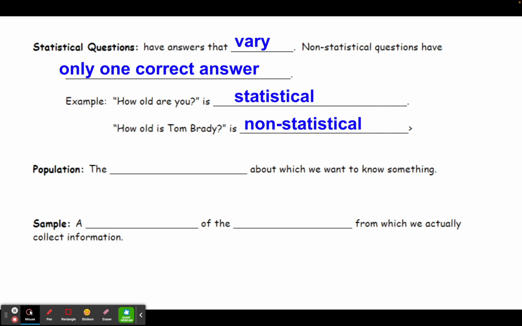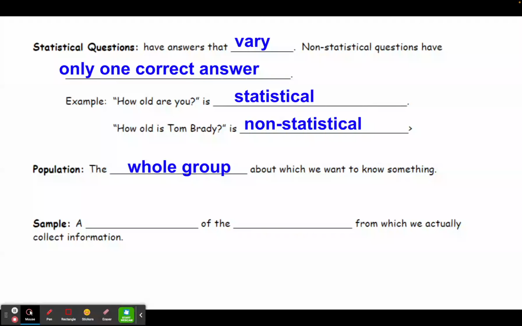Now, in statistics, a lot of times we want to talk about populations and samples. Populations are the whole group about which we want to know something. And oftentimes we ask statistical questions to a population or to part of a population because we want to know something about them. A population does not have to be people. It could be a population of bees in a beehive, for example.